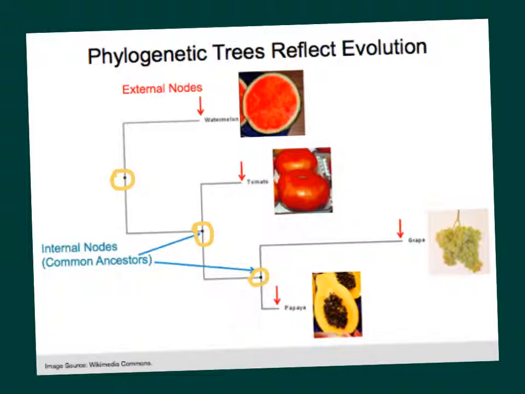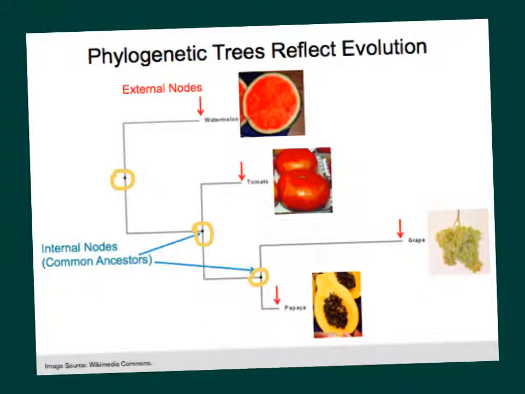That internal node represents an inferred common ancestor. So we're saying here there is a common ancestor at this first internal node that relates the watermelon to the next closest common ancestor of the tomato and the grape and the papaya.